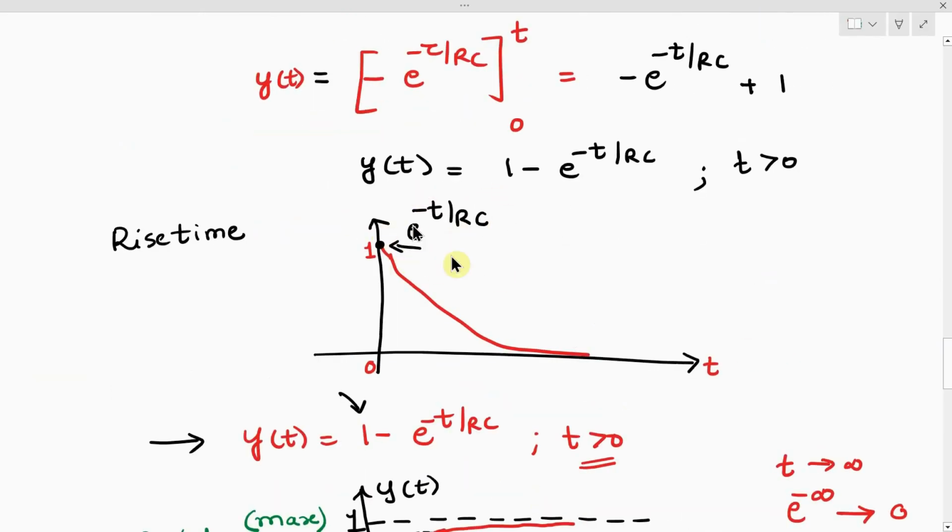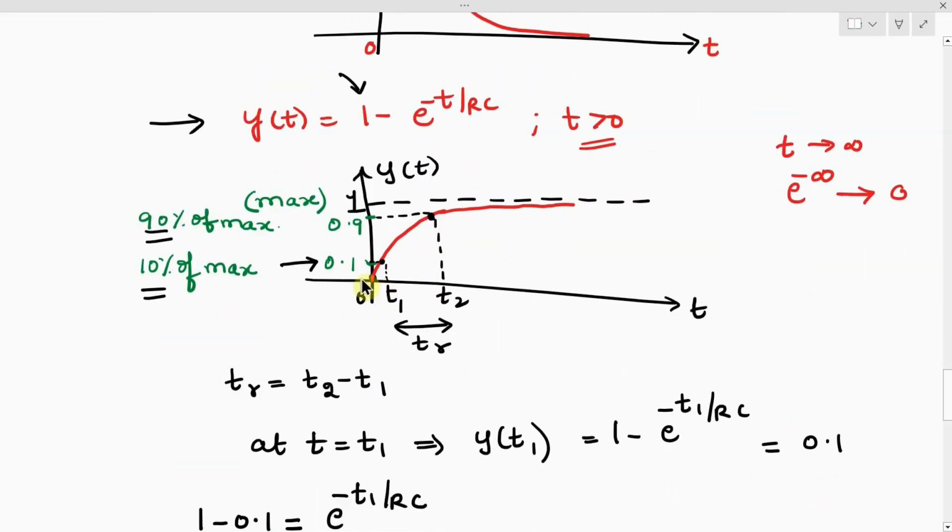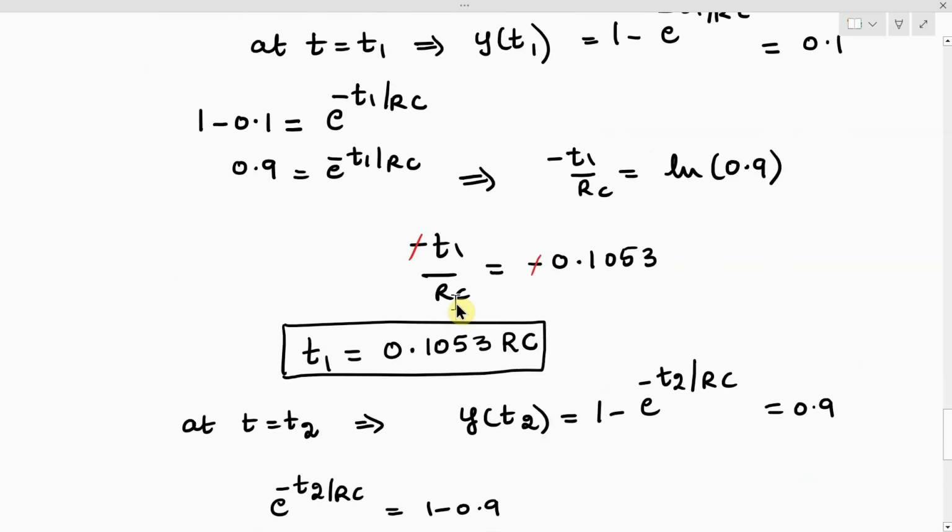The plot of e power of minus t by RC is a decaying exponential. But the output is 1 minus that, which is how you get a rise from 0 to a maximum level of 1. Therefore, the maximum value is 1. 10% of maximum is 0.1, 90% of maximum is 0.9, and t2 minus t1 gives the rise time.